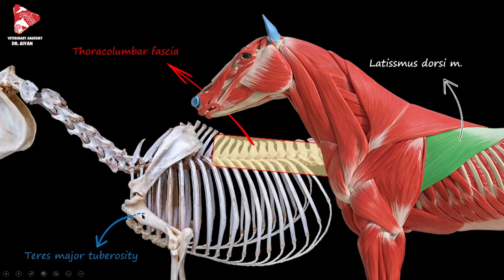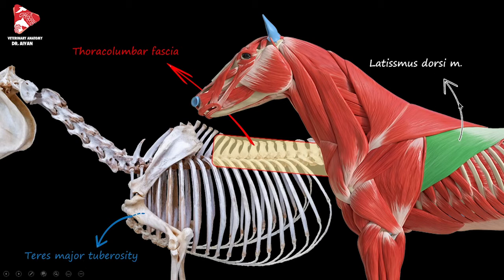I put these points here to remind you that the teres major tuberosity is located on the medial surface of the humerus. So the insertion of the latissimus dorsi, the teres major tuberosity, is the same insertion as the teres major muscle.